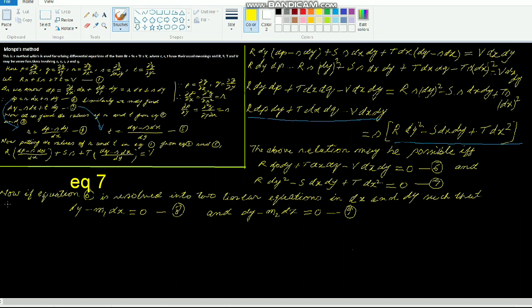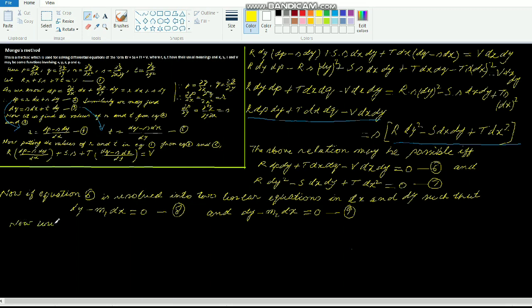Now, if equation 7 is resolved into two linear equations in dx and dy such that dy minus m1 dx is equal to 0, let it be equation number 8, and dy minus m2 dx is equal to 0, let it be equation number 9.